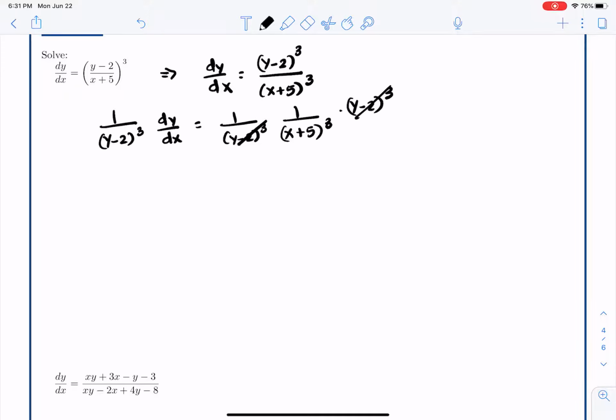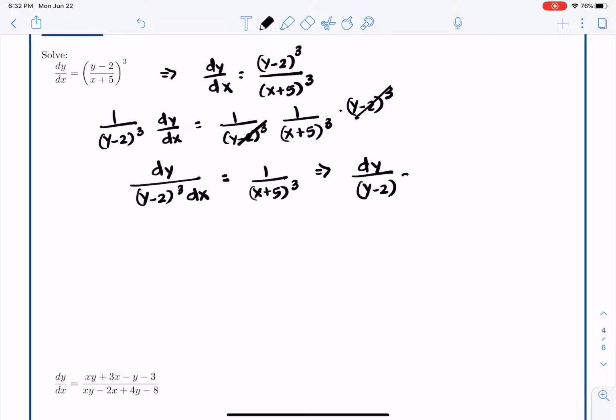Those two would go away, so I would have dy over y minus 2 cubed dx equals 1 over x plus 5 cubed. Multiply by dx on both sides, we have dy over y minus 2 cubed equals dx over x plus 5 cubed.